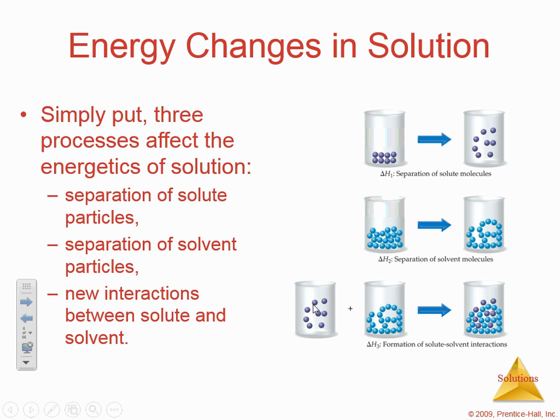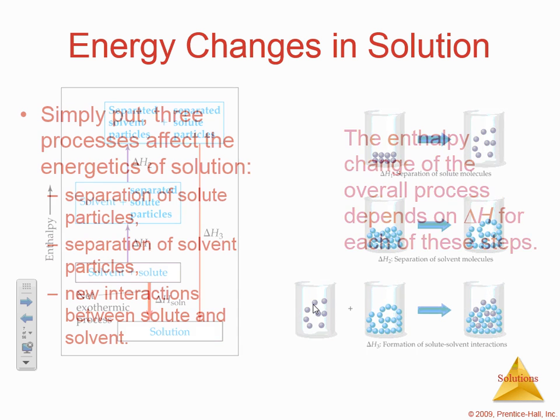And then third, there's energy needed for them to interact and have these solvent molecules surround the solute molecules. So there's three different enthalpies needed in a solution: one to break up the solute, one to break up the solvent, and then one to have the solvent and the solute interact with one another.